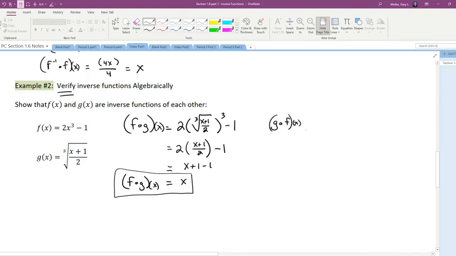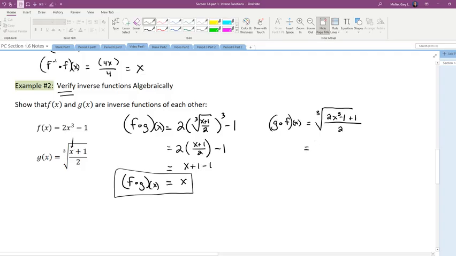So I'm going to also approach this one. Equals the cube root of 2x cubed minus 1 plus 1 over 2. All right, so I just stuck f of x in for this x.